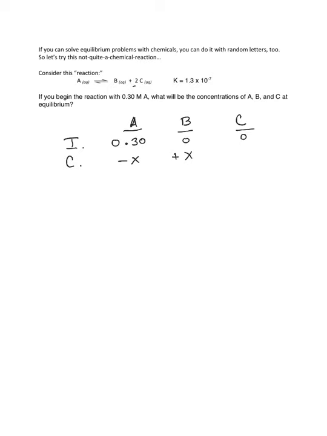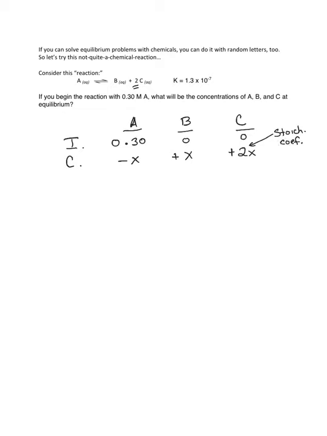But look, C has a stoichiometric coefficient of 2. So if A goes down by 1x and B goes up by 1x, C is going to go up by 2x because of the stoichiometric coefficient of 2. So really, you just put the stoichiometric coefficient in front of the x.